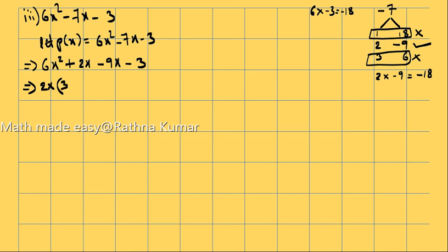So 3x + 1. From these two you take -3 as common. You will take 3x + 1. So from these two we can take 3x + 1 as common. So 2x - 3.